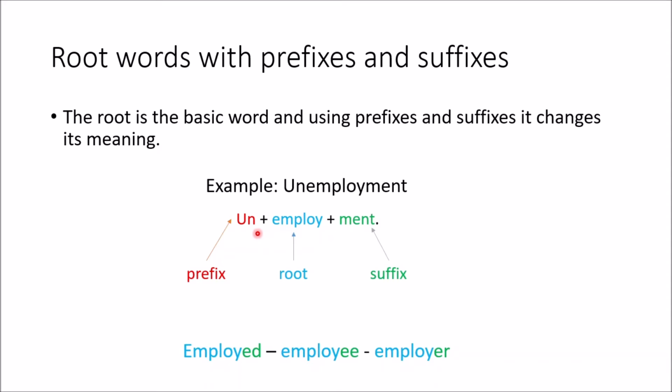Then we have the prefix un and the suffix ment. And we have formed a new word, unemployment. Similarly, we go with employ as a root to form new words: employed, employee, employer.